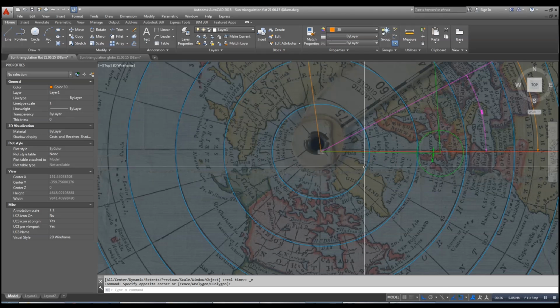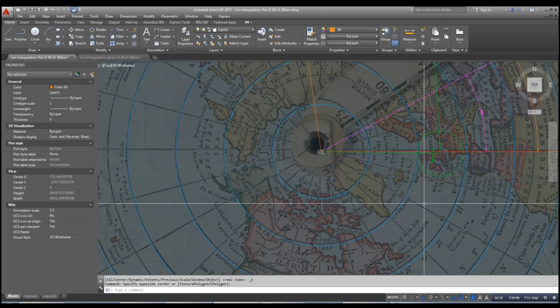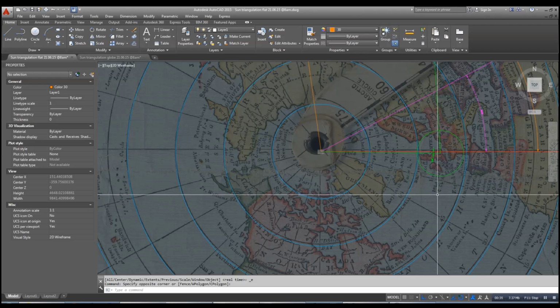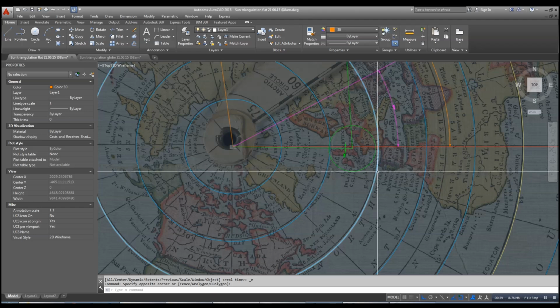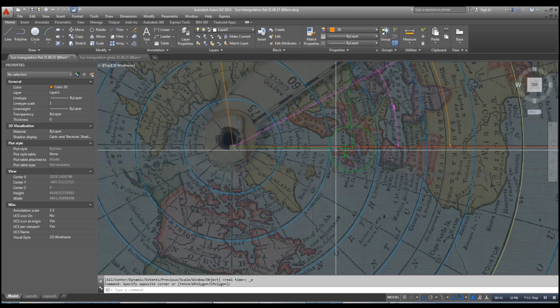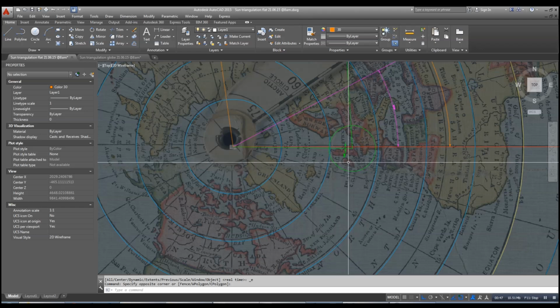I then offset this circle by a distance which I determined by using Google Earth and measuring distances between places and scaling this map up accordingly so that it matched, and I made sure I used places in the northern hemisphere because I know that the southern hemisphere might throw it out a little bit.